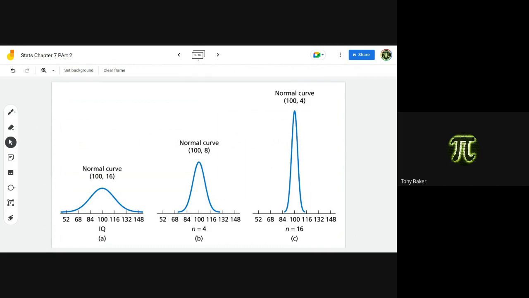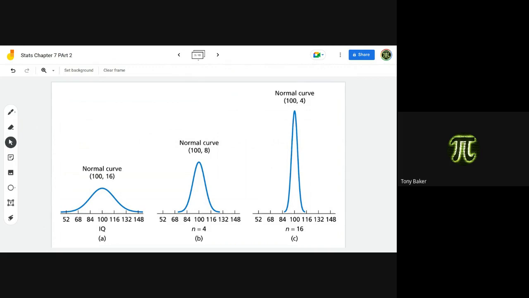And we can figure out the z-score and all that other stuff. If I was to take 4 people and find the average of their IQs, I'm now trying to figure out where that average would fall.